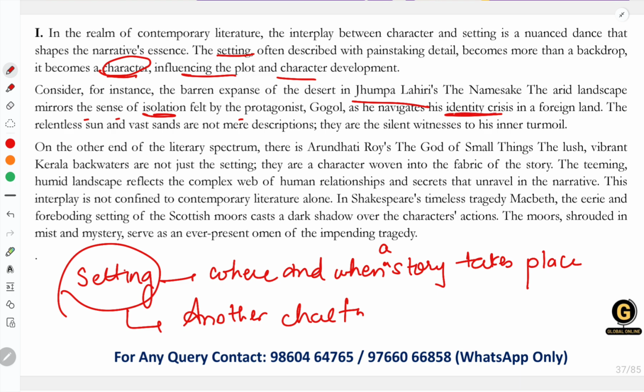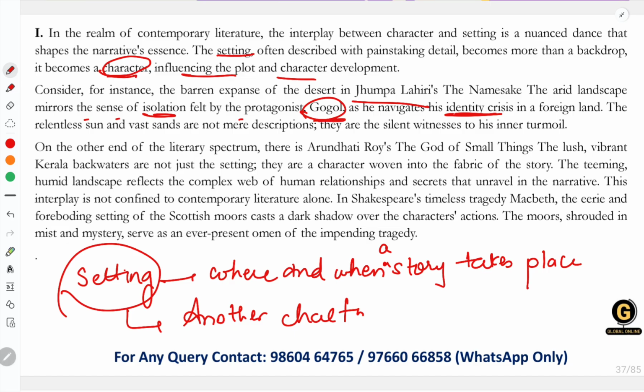In simple words, Gogol feels like he does not completely belong, and the loneliness of the surroundings reflects his loneliness. So the desert, the isolated setting, is Gogol's isolation. This is what the author wants to tell us. It means the setting isn't simply describing where Gogol is. It helps you understand his emotions, that he is feeling isolated and lonely. This is what the setting is talking about.